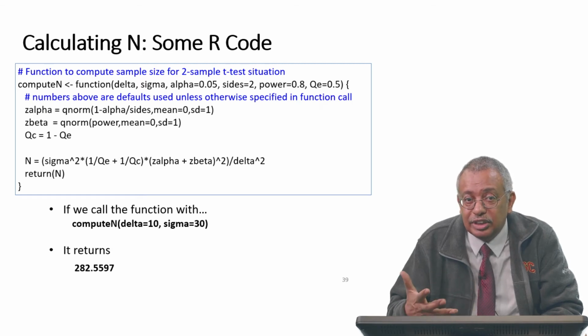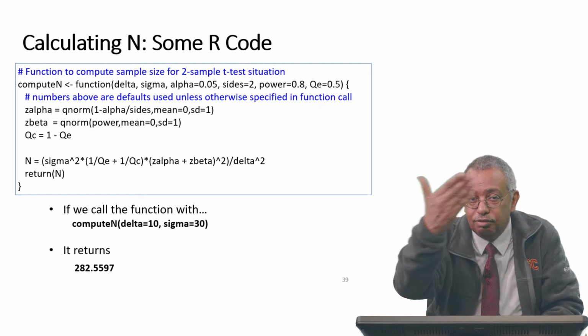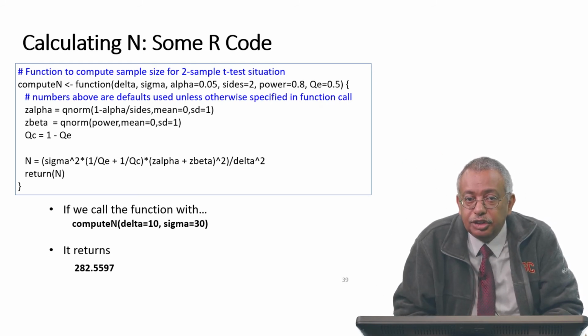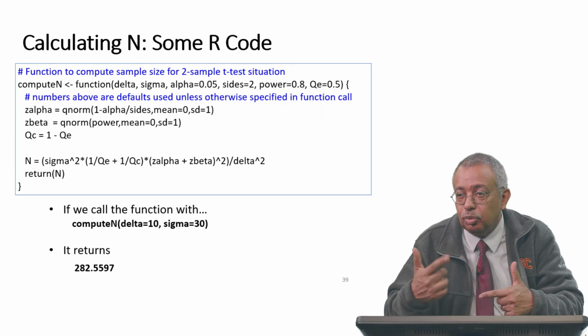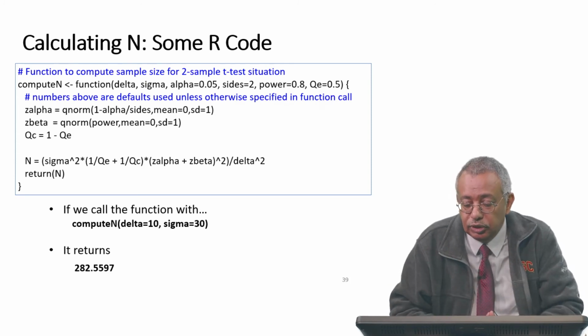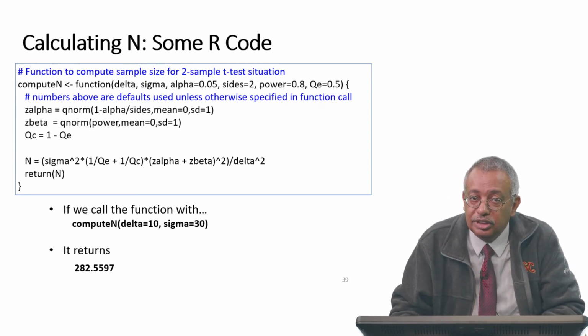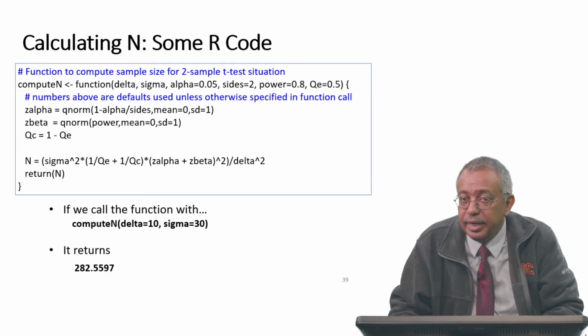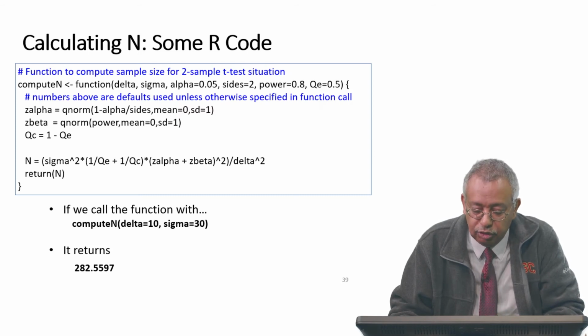But it suffices to say that actually you can translate the formula into an R function, and therefore you can automate this process so that anyone could actually use this formula in order to come up with a sample size for varying values of the detectable difference or variance estimates or power value or level of significance of interest.